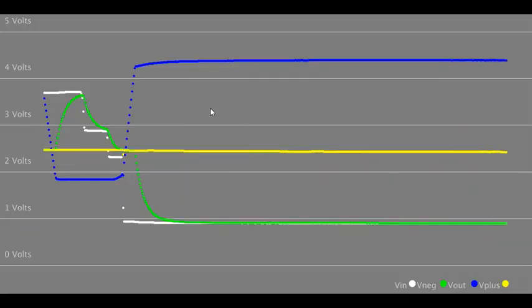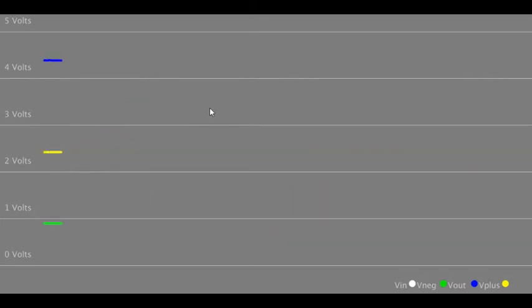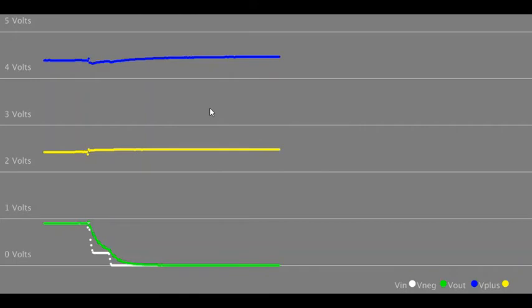Processing output for the integrator circuit. As you can see, when I decrease the V in, the white bar, to 0, the green V out follows it exponentially, which is expected because it's on the capacitor.